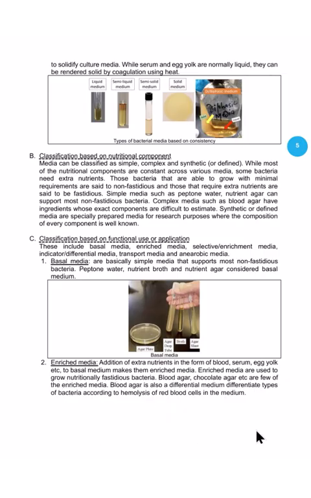The other type of media is the enriched media. In this type of enriched media, enriched means it has extra nutritive components. For example, we add blood, serum, or egg yolk to this enriched media, and this will change it from basal medium into having extra nutritive value.